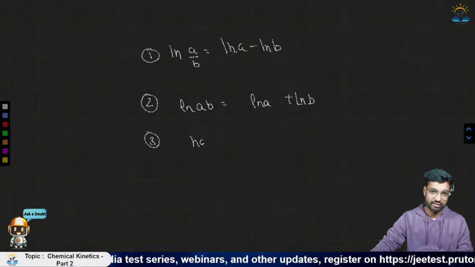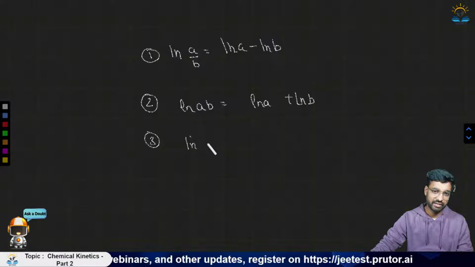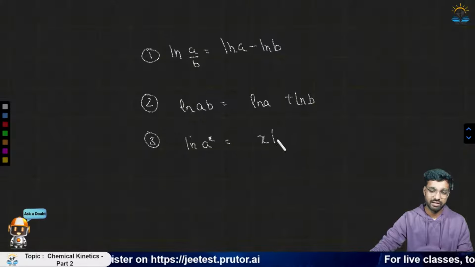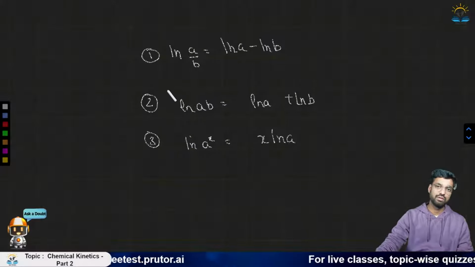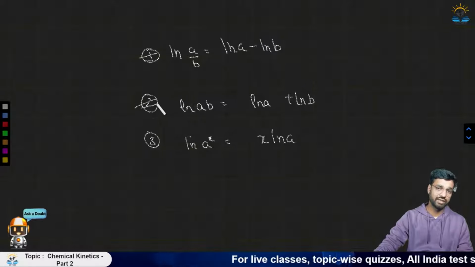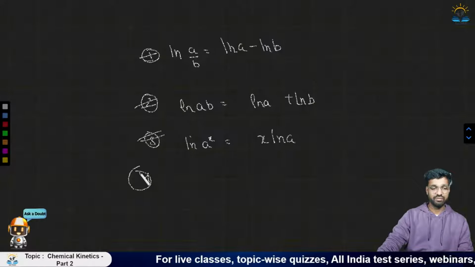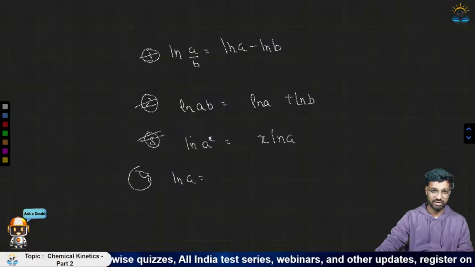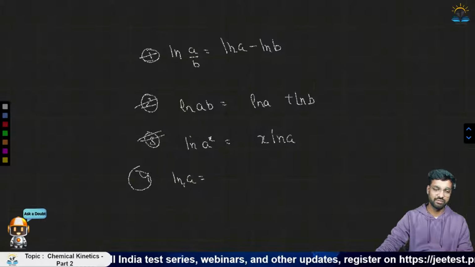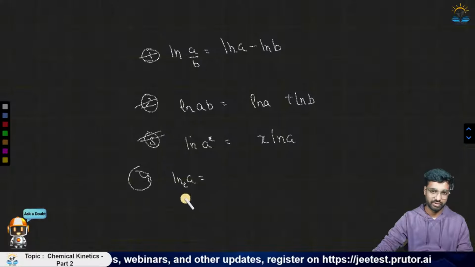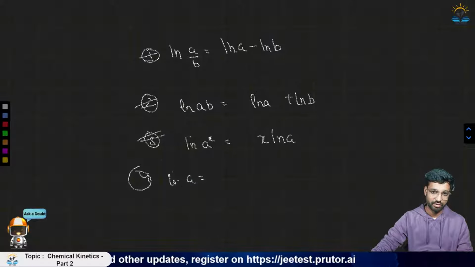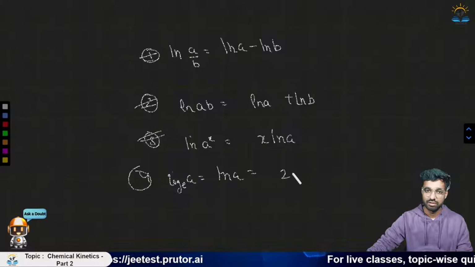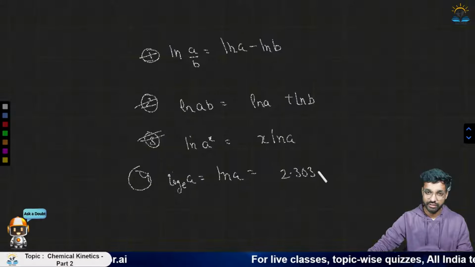Second, if ln ab is given, then it can be written as ln a plus ln b. Third, if ln of a raised to some power x is written, then it can be written as x ln a. By remembering only these three properties of ln, you can solve any question. And the fourth property you must be aware of is that if something is given in exponential form, ln of x is 2.303 log x. Similarly ln a is 2.303 log a.